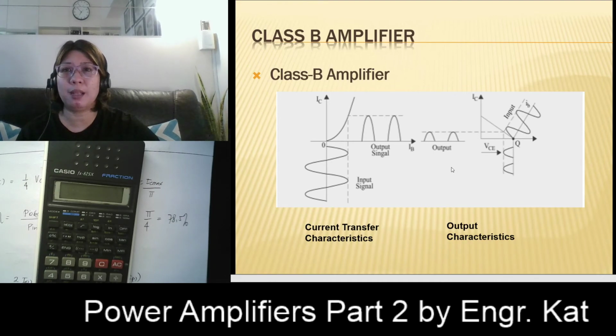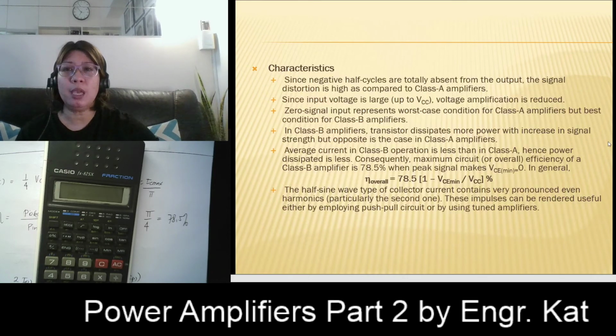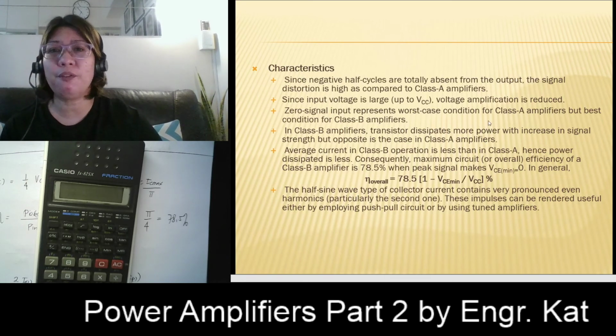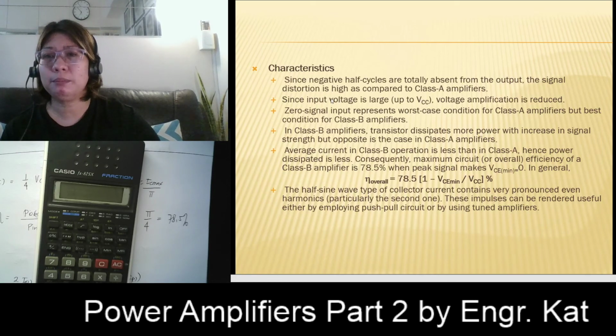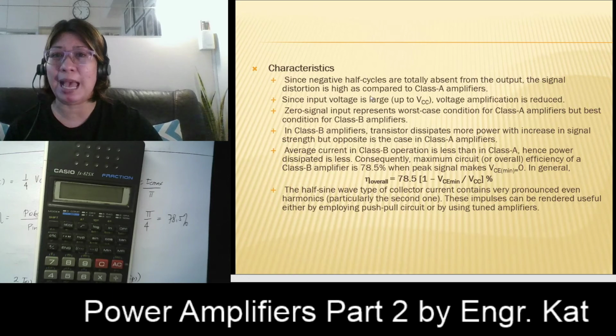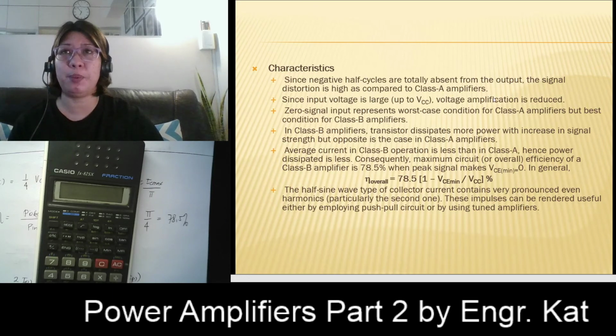Thus, we say that Class B amplifiers operate only at 180 degrees of their input cycle. Okay, so these are the characteristics of our Class B amplifiers. Since negative half cycles are totally absent from the output, the signal distortion is high as compared to Class A amplifiers.